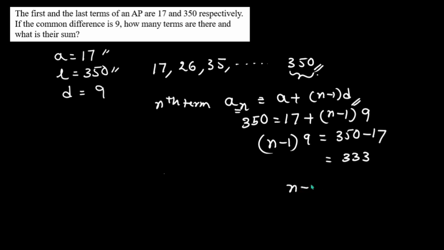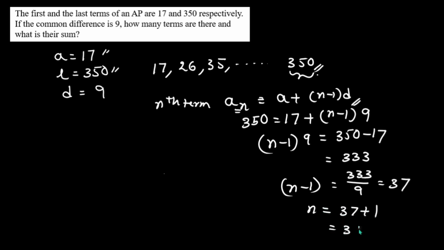So n minus 1 is equal to 333 divided by 9. So n is equal to 37 plus 1, so 38. So this series has 38 terms.